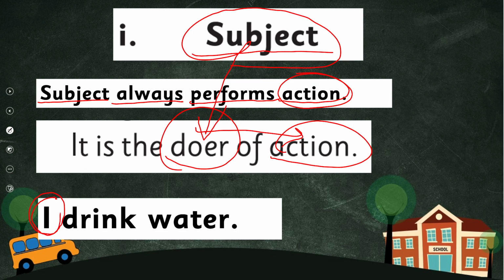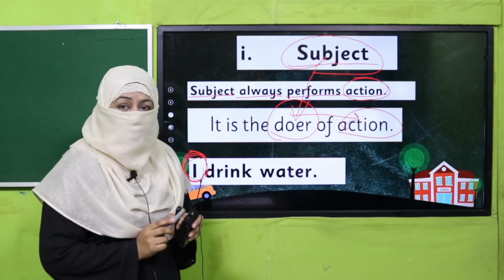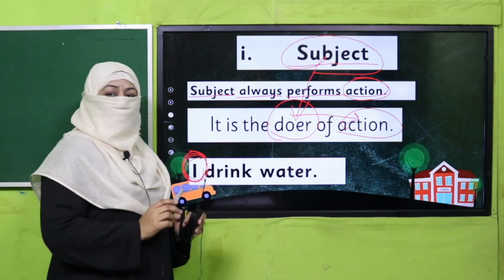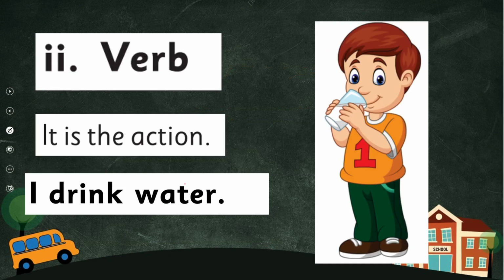I. So, who is the subject of this sentence? I. If I say he drinks water, he will be the subject. Ali drinks water, Ali is the subject. Sana drinks water, Sana is the subject. So, beta, whoever is doing the action, the doer of the action, is the subject.